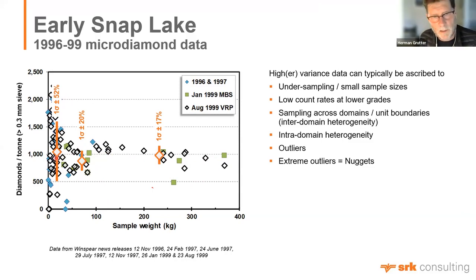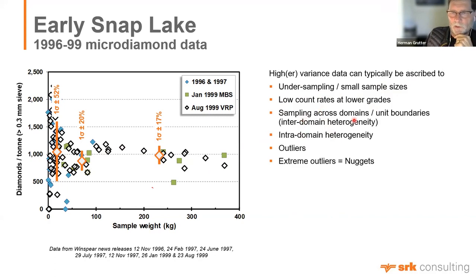So this is an illustration of something that is a more general case in microdiamond sampling. Higher variance data can typically be ascribed to undersampling or small sample sizes. That's a very common issue, and it's very well illustrated by this data set. You can also get low count rates and higher variance at lower grades. Snap Lake isn't that low grade, so that's not a problem at Snap Lake.